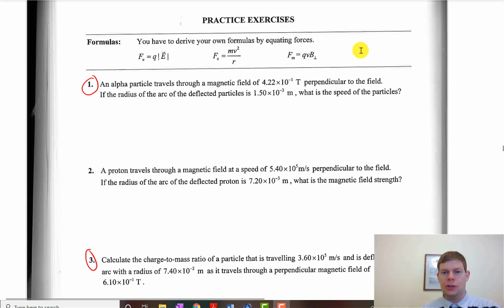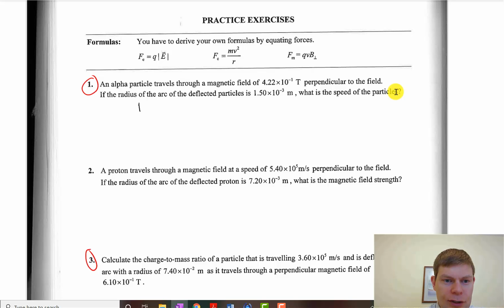I just wanted to do this one for a quick recall of what an alpha particle is, and this sort of mass spectrometer idea once it's in that perpendicular magnetic field. So first thing we've got to do is set up our situation.